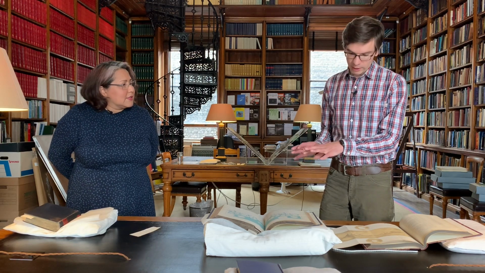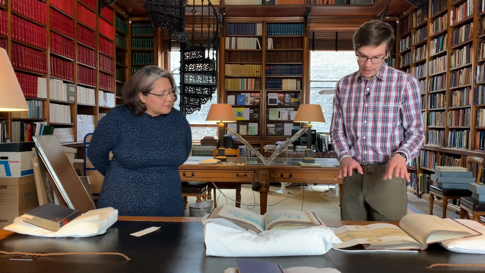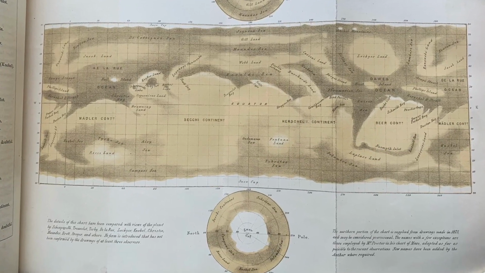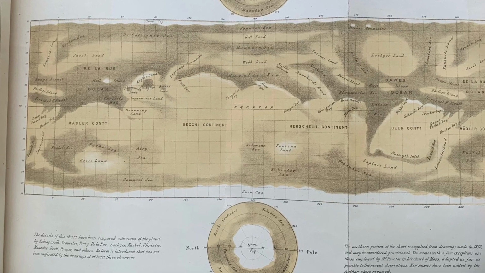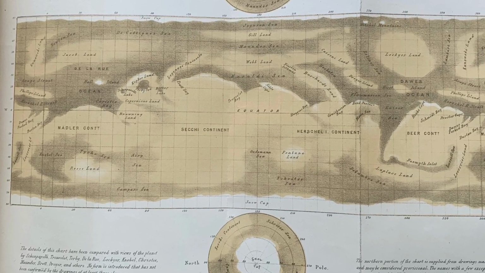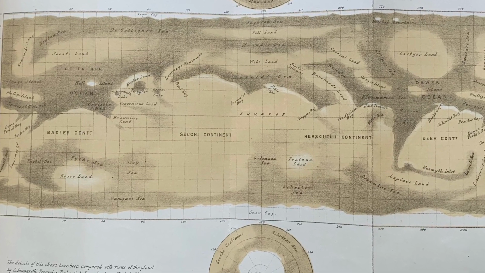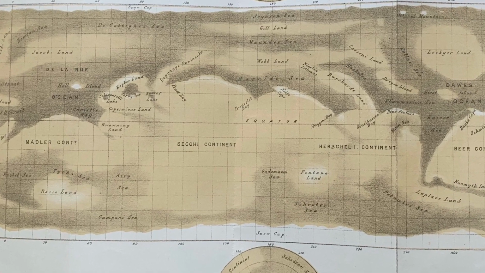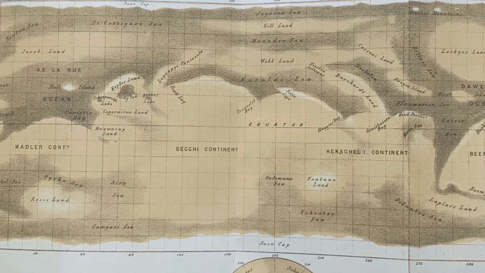One of the interesting things that we have next to it is a map produced in Britain by Nathaniel Green in 1877. So the same 2-week opposition window when we have this perihelic opposition. And what's striking about Green's map is it's really quite different to Schiaparelli's.